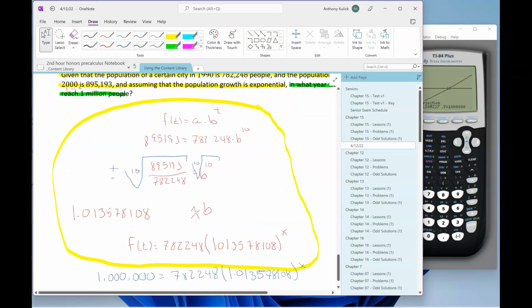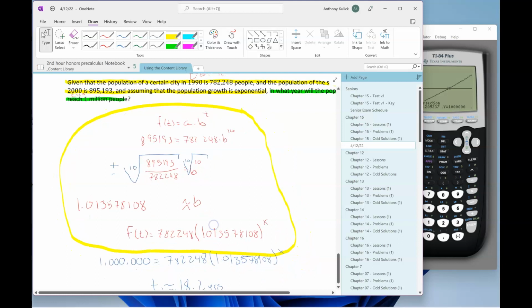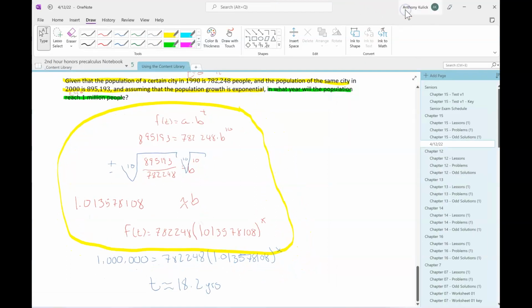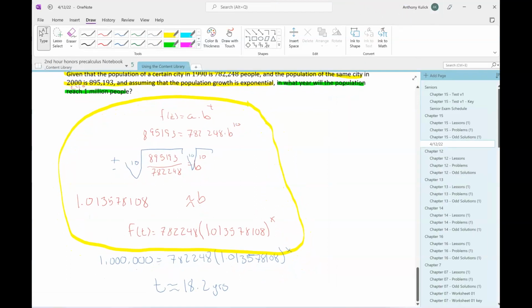But that wasn't what we were asked. It didn't ask how long. It said, in what year will the population reach 1 million? So what year does 18.2 mean?